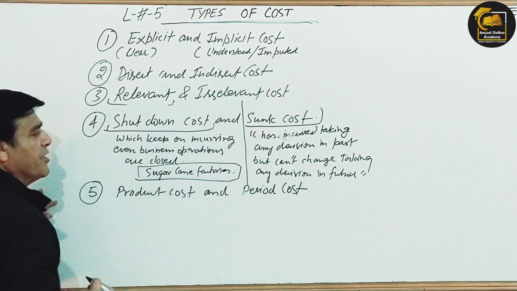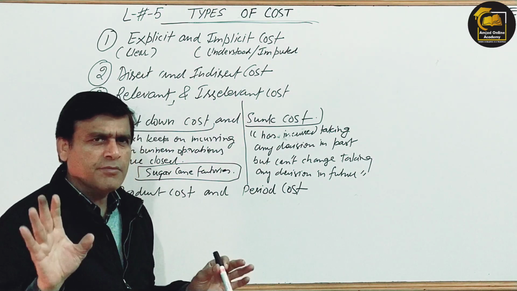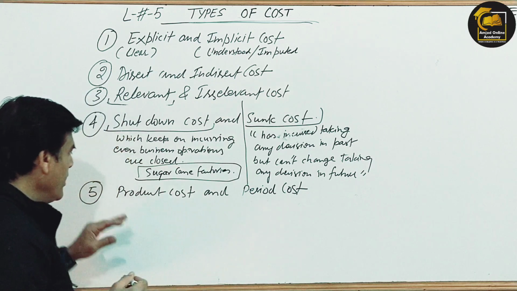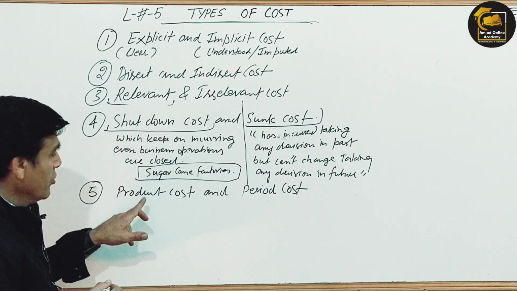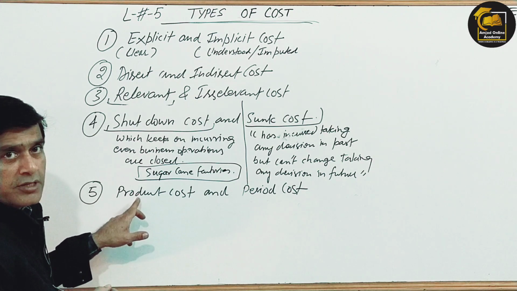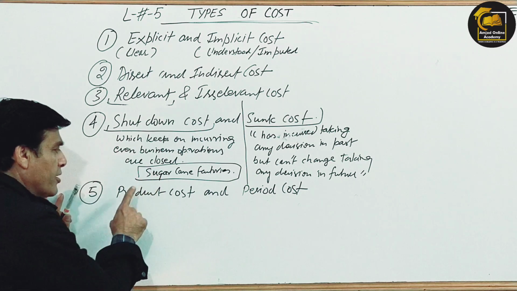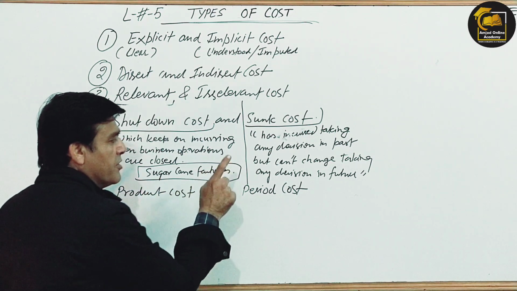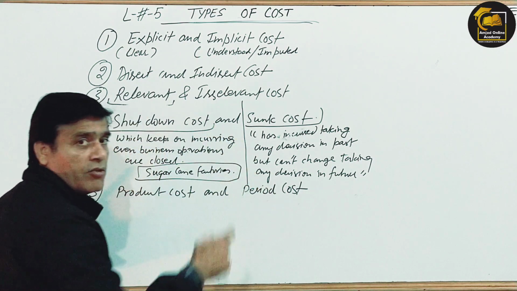There is another classification: product cost and period cost. It is very simple to understand if you apply it, right? Any cost which is attributable to the quantity of the product, that is known as product cost. Or any cost which is measurable in the context of a period, that is known as period cost.